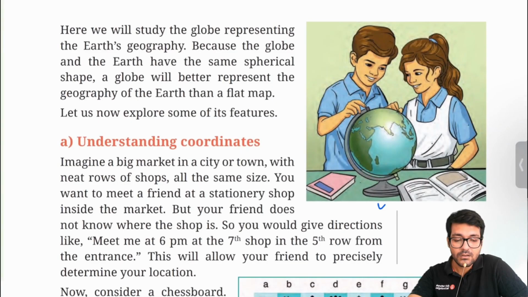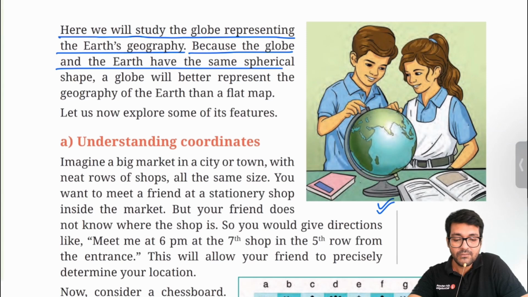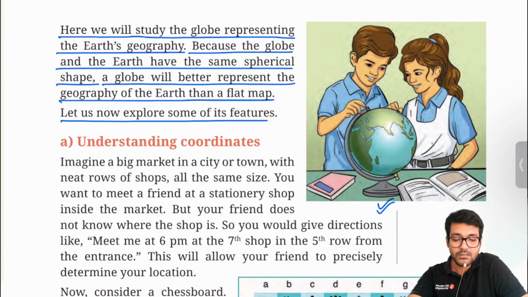You can see a globe here representing the earth. Here we will study the globe representing the earth's geography. Because the globe and the earth have the same spherical shape, a globe will better represent the geography of the earth than a flat map. Let us now explore some of its features.